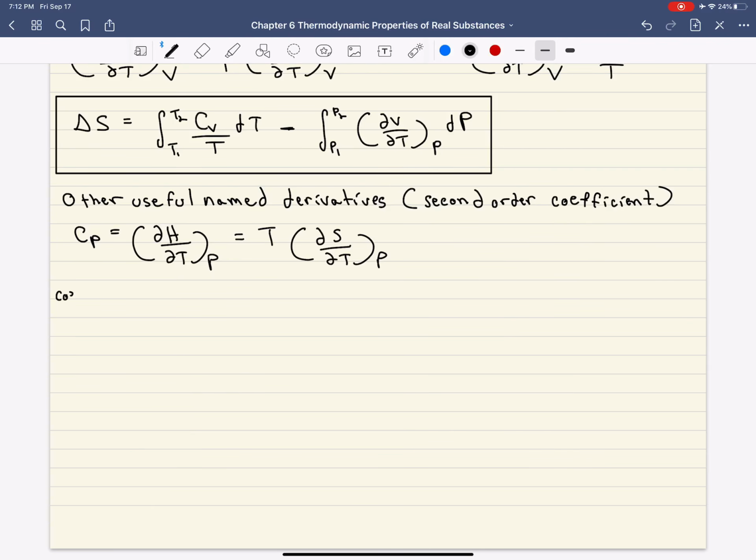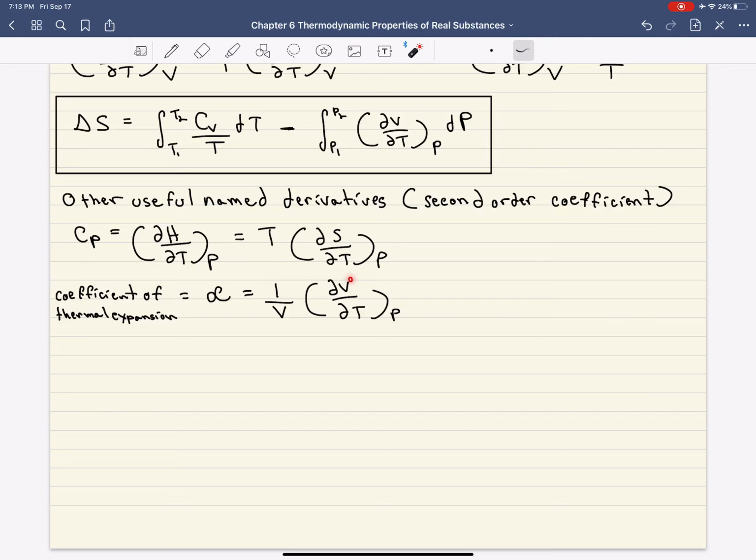Some other ones that you may not have seen before. One is known as the coefficient of thermal expansion. You'll see this abbreviated as alpha. And this is equal to 1 over volume times dV/dT at constant P. Physically, the coefficient of thermal expansion tells you, if you heated something, how much does its volume change?